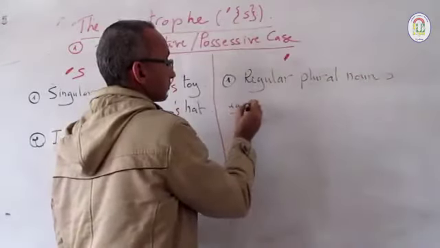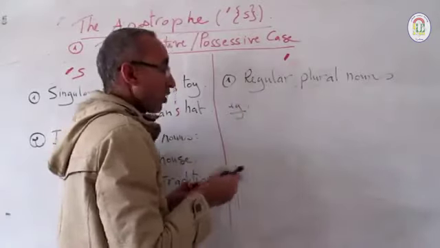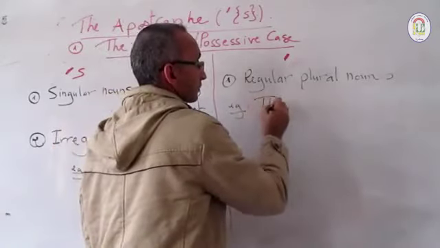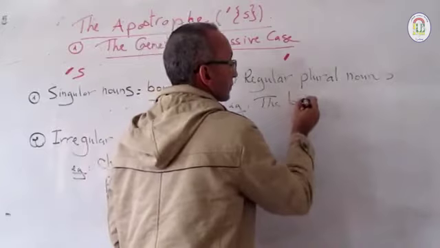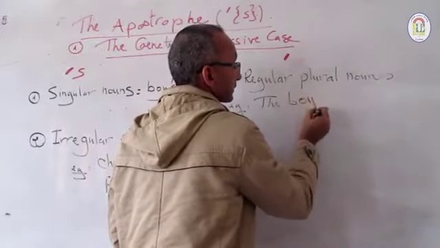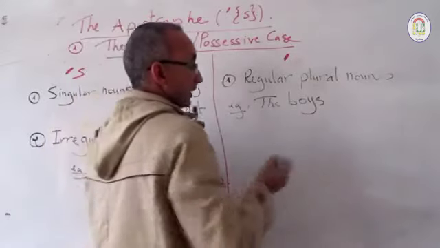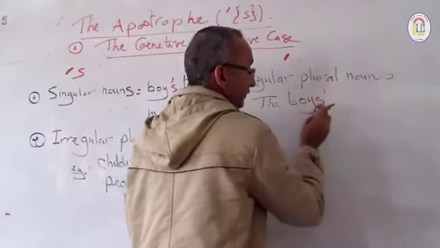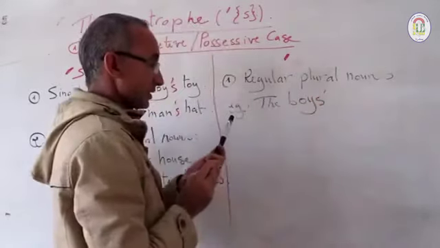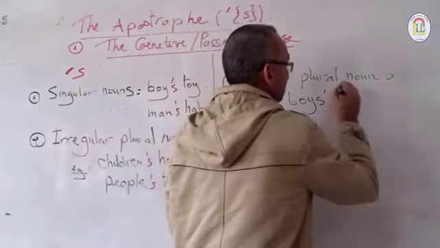Example, the boys' toys. Here I add to it only an apostrophe as it already ends with S. Boys' toys.